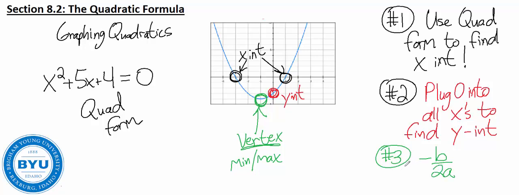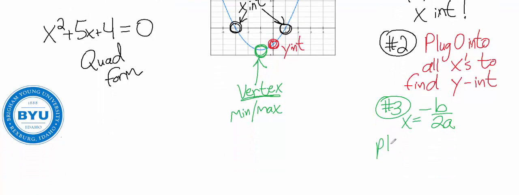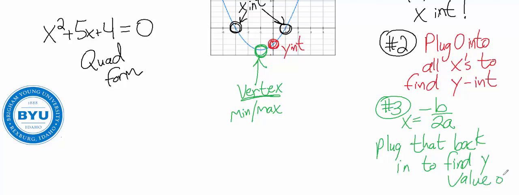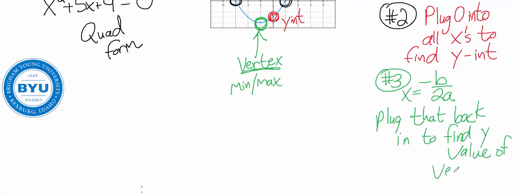So what we'll do is actually use the quadratic and plug in negative b over 2a. That gets us our x value. And then you'll plug that back in to find the y value of the vertex. That's how we find the vertex.